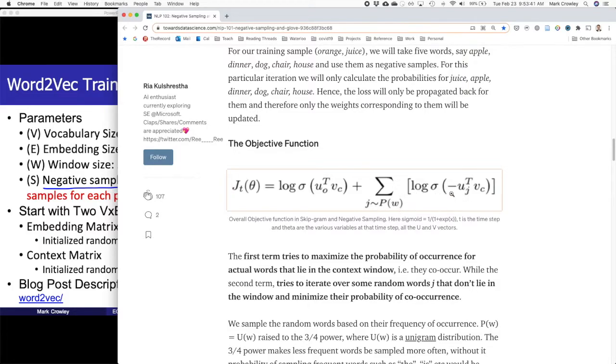But these are all negatives. So you're penalizing the model for picking the wrong words next and rewarding it for getting that one next. And this becomes the objective that you're trying to maximize in your logistic regression.